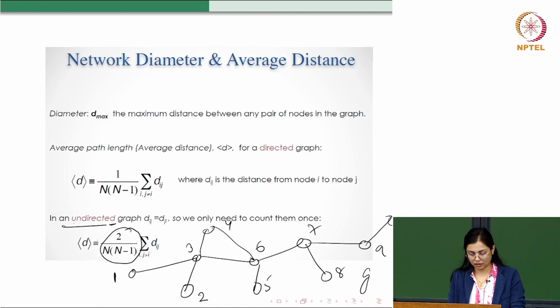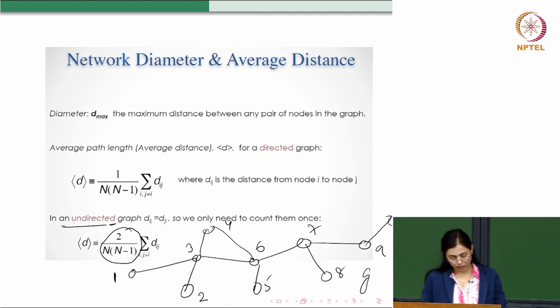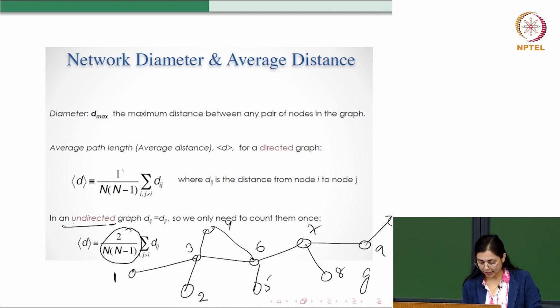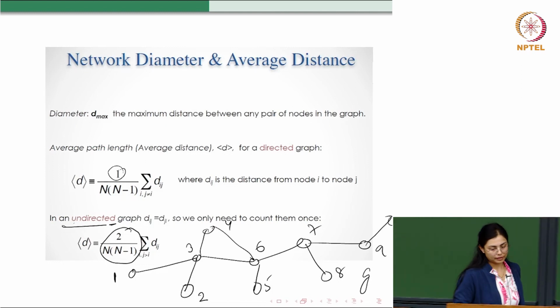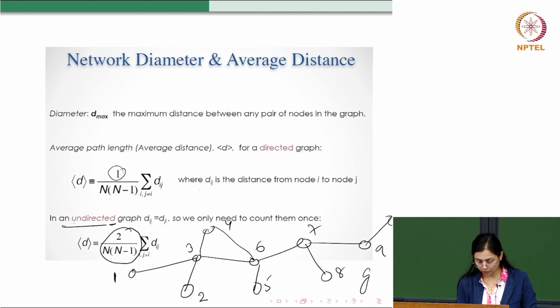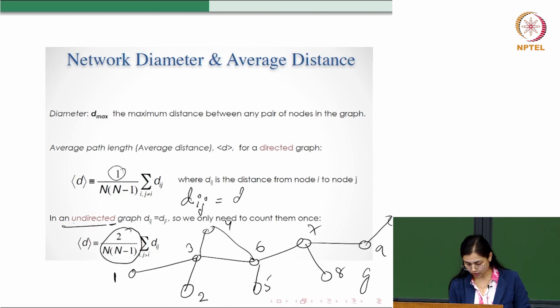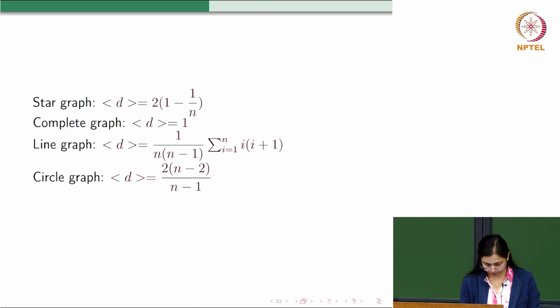It's actually the total number of edges, right? So in case of directed, it is n into n minus 1. Why? It's only one direction. But in case of undirected, the distance from this to this is equal. That's why. Okay, these are for the special cases: what is the diameter in case of star, complete, line graph and cycle graph.